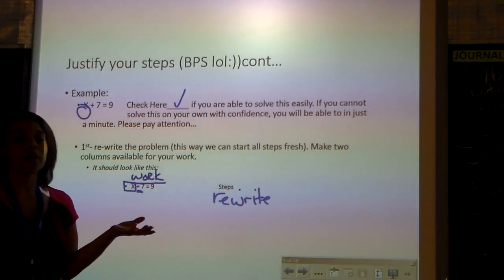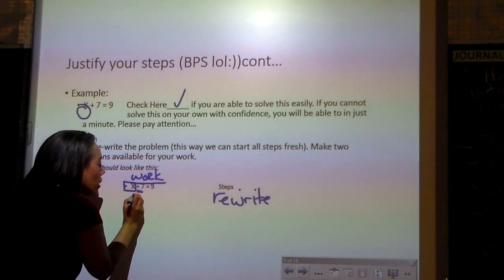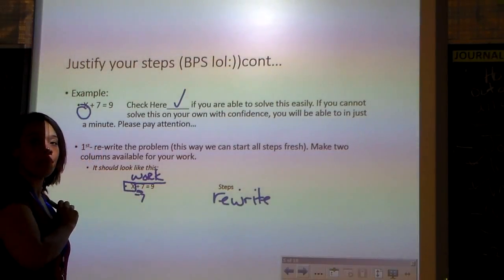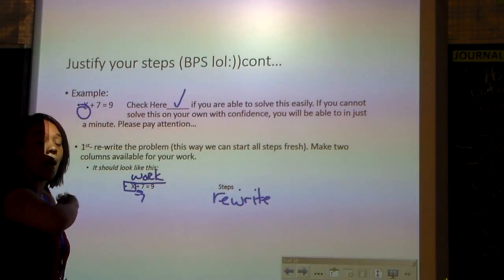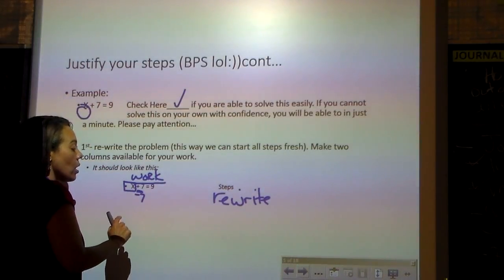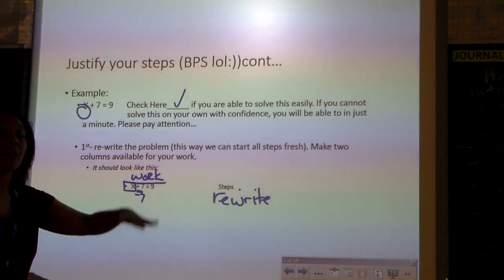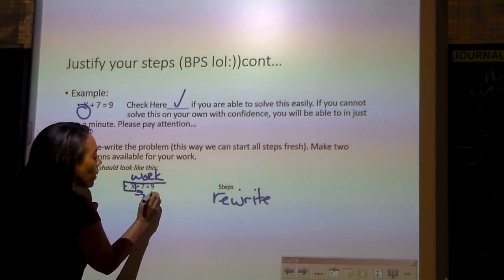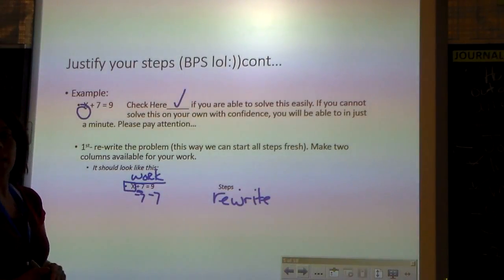The opposite of plus 7 is minus 7. So I write right underneath it, minus 7. And the rule here is whatever I do to one side, I have to do to the other side. That means the other side of the equal sign, because I'm trying to keep a balance. So I'm also going to minus 7 over here. What did I do in this step?